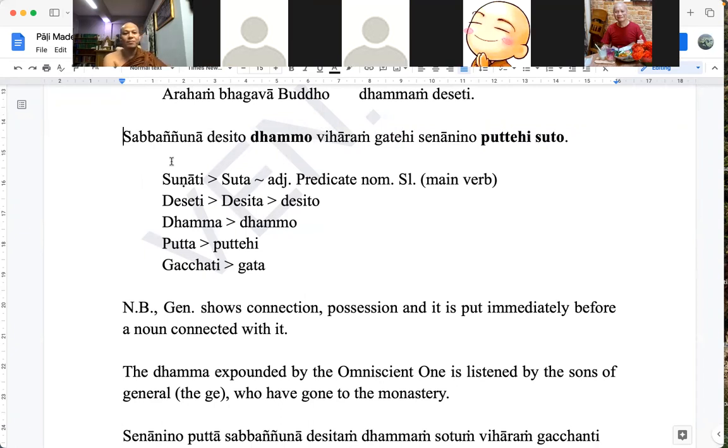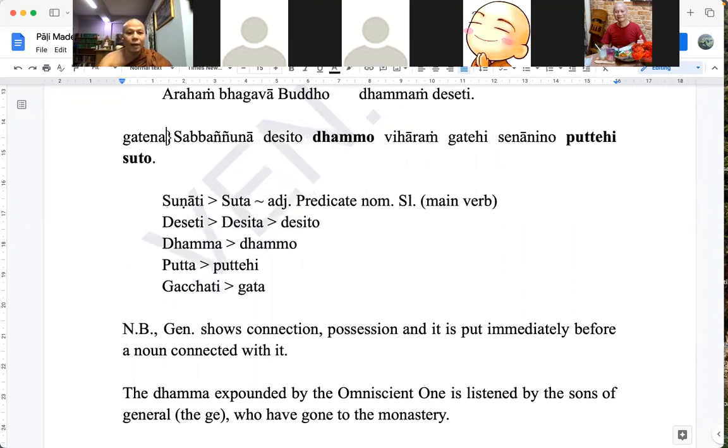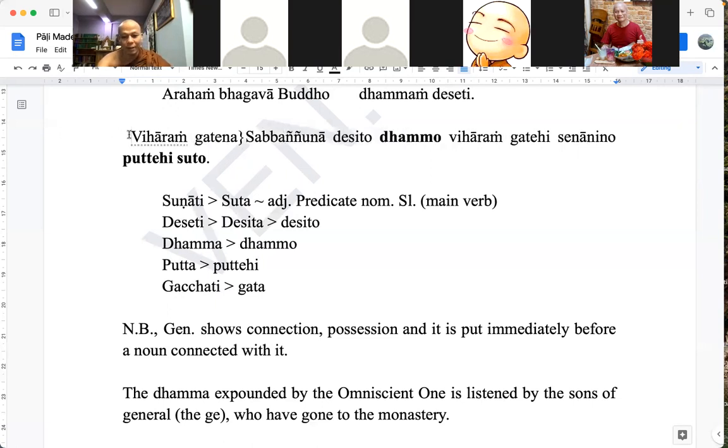Yes, yes. Okay, so here Sabanyuna is instrumental case singular, right? Una. So that is why this Gadehi should be Gadena before that one. Gadena. And then Vihara before the Gadena. So Vihara Gadena Sabanyuna. As you like, you can translate. Yes, thank you, Bante.